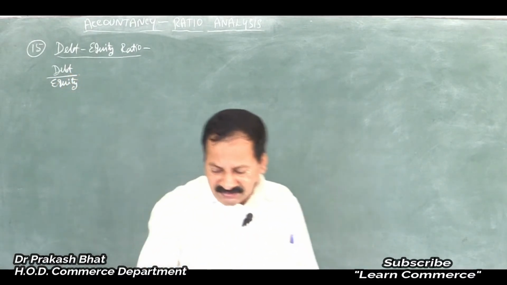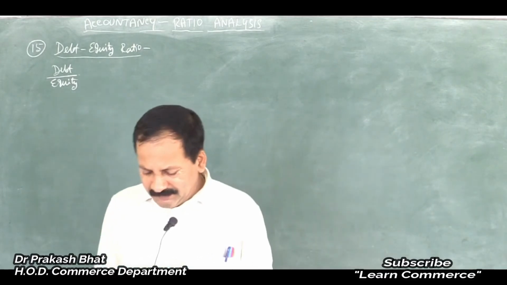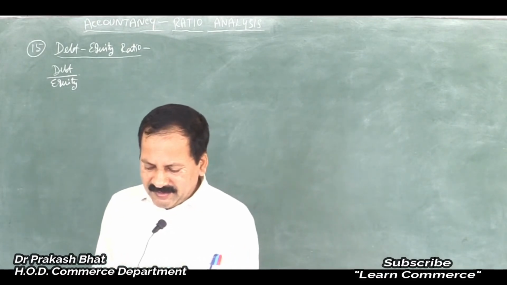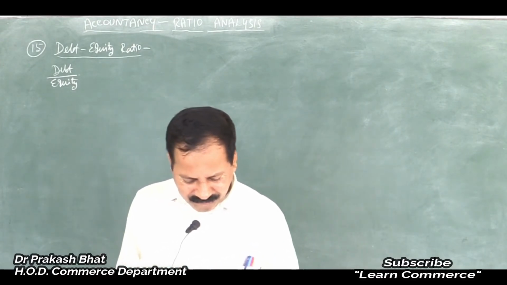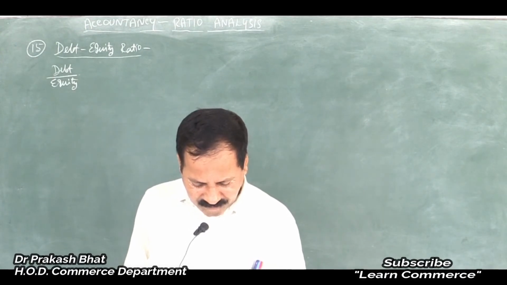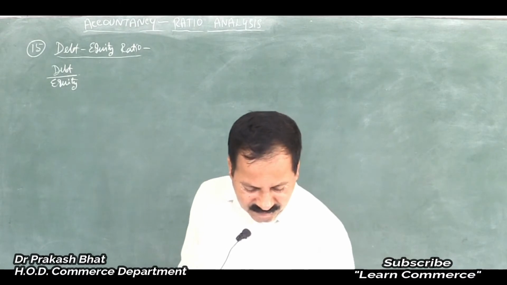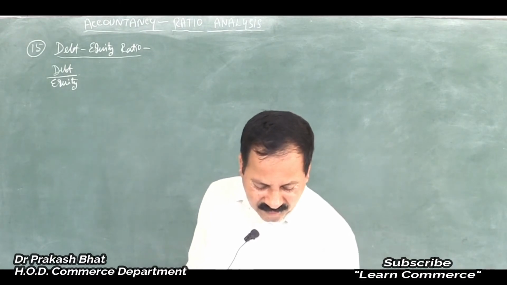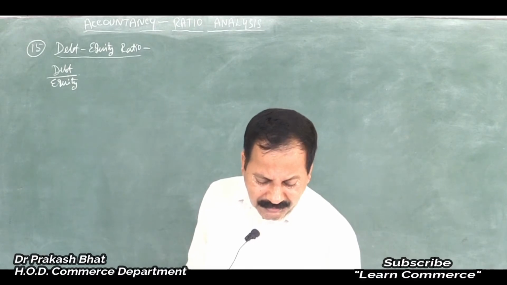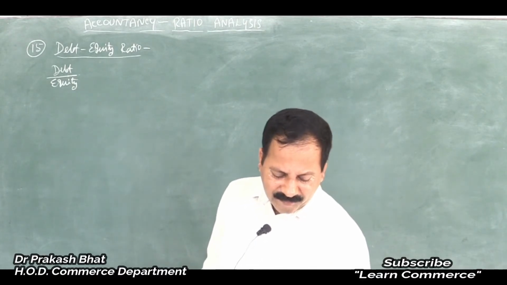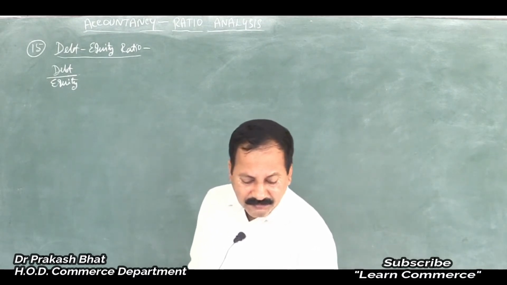So debt means long-term debt, right? Long-term debt divided by equity. So 6 lakh is the debt. How will you find out? Total debts are given, 12 lakh, out of which current liabilities are to be deducted.